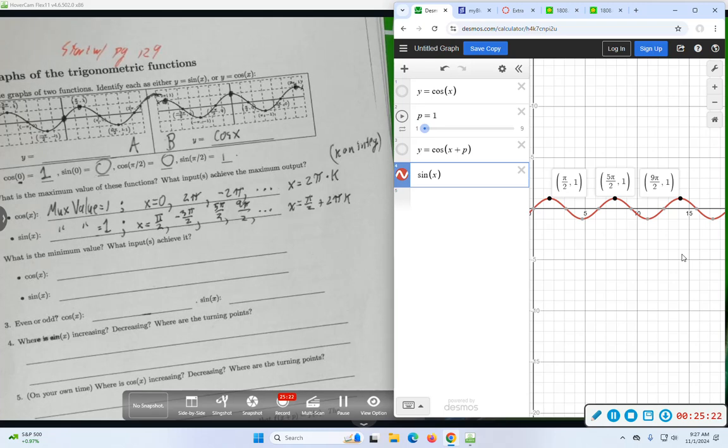How about minimum? What's the least value cosine achieves by looking at the graph? -1. What about sine?